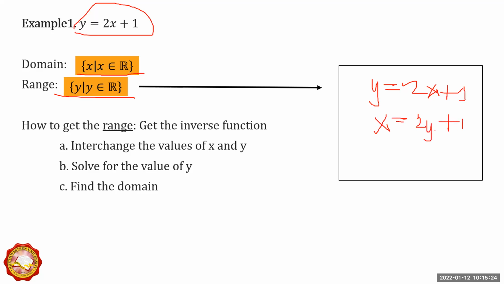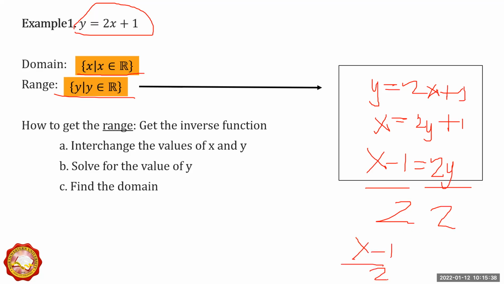And then you get the value of your y. So you will get that by x minus 1 is equal to 2y, or when you divide that by 2, you'll still get (x minus 1) over 2 is equal to y.